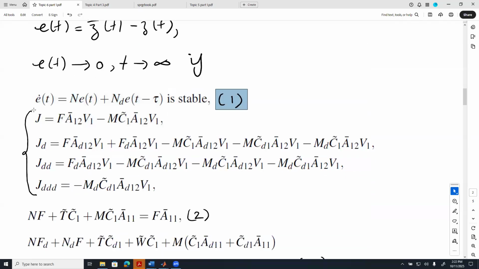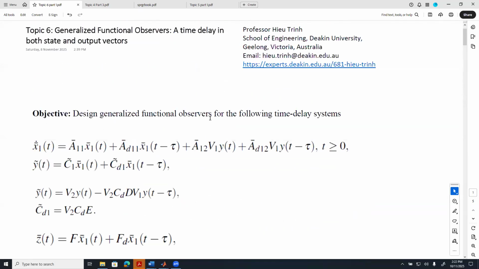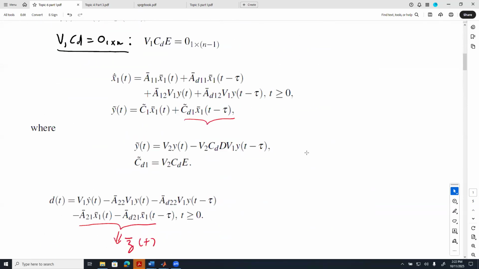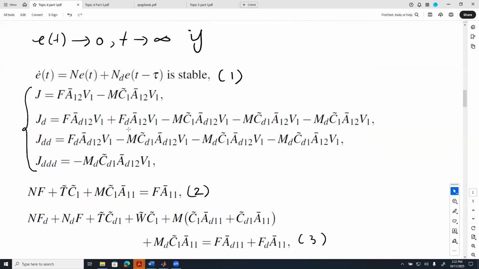The other observer parameters are associated with the output and delayed output of this equation, which are these here, and the observer structure containing these unknown parameters associated with the output measurement vector and its delays and so on. Those can be easily obtained, which are expressed in their entirety here.